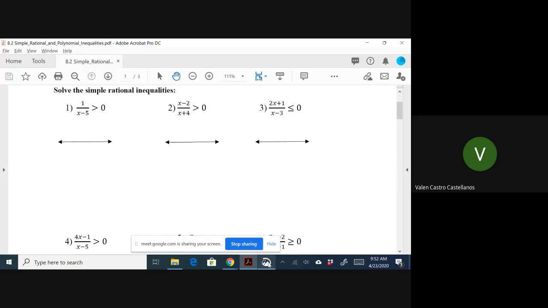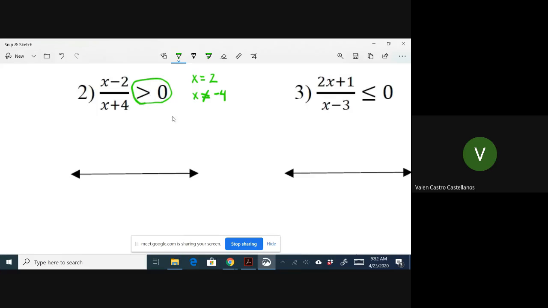What does it mean that something is greater than 0? What do we call those numbers that are to the right of 0? Positive. Positive, right? Good.